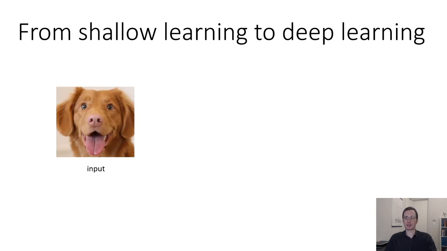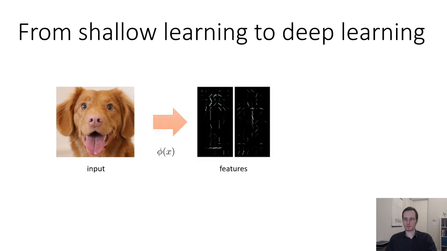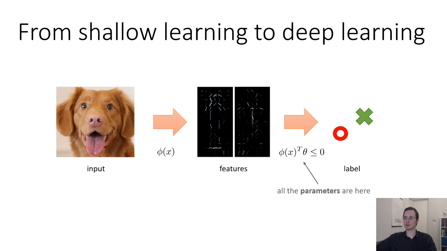So what does it look like to go from shallow learning to deep learning? Well, in shallow learning, we start with our input, and we have some features that we've coded up by hand, and then we have some learned parameters on top of those features. So all the parameters live up here at the very end. If the challenge is in programming in the features, well, what if we put some learned parameters in there too?